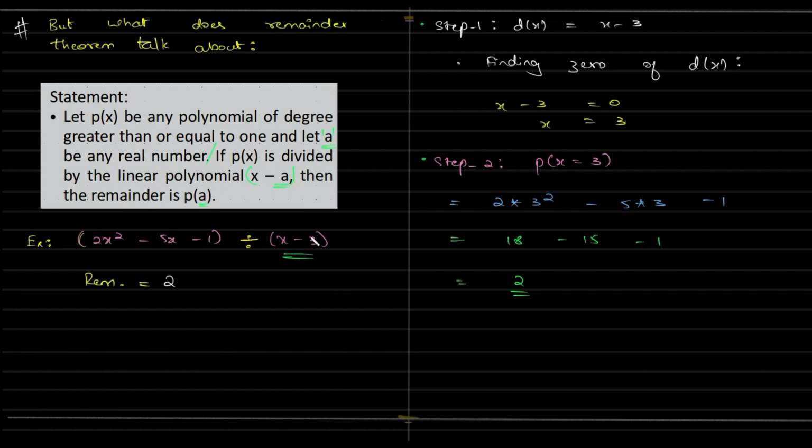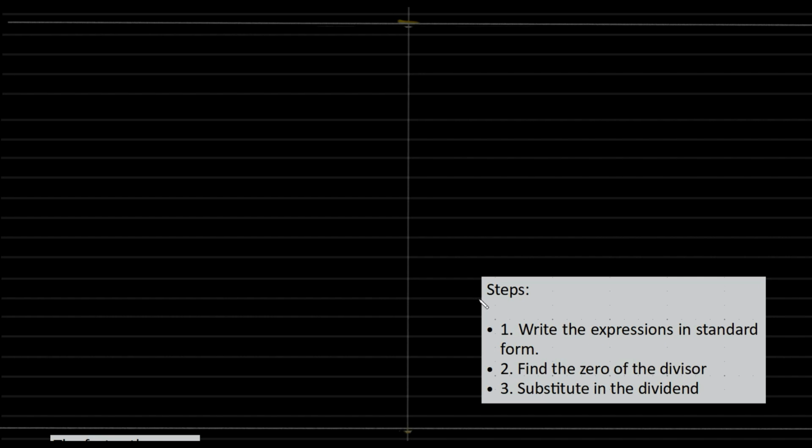So in this particular example, a is 3. That's it. That's all the remainder theorem tells. So in general, if you want to write the steps: write the expression in standard form, find the 0 of the divisor, substitute in the dividend. So these are your steps.